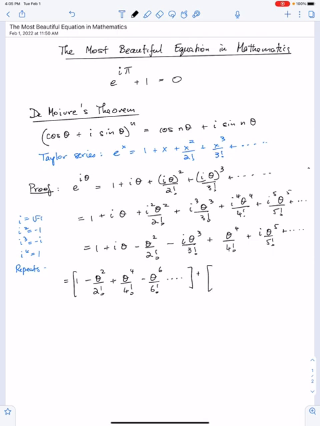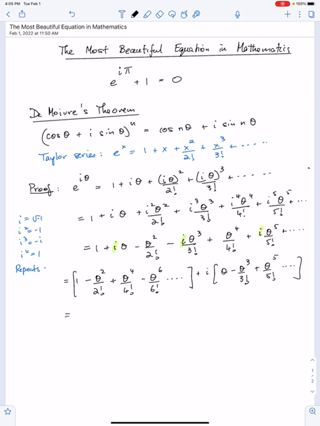I'll factor out the i in the other terms. So this would be i times (theta minus theta cubed over 3 factorial plus theta to the 5th power over 5 factorial, and so on).